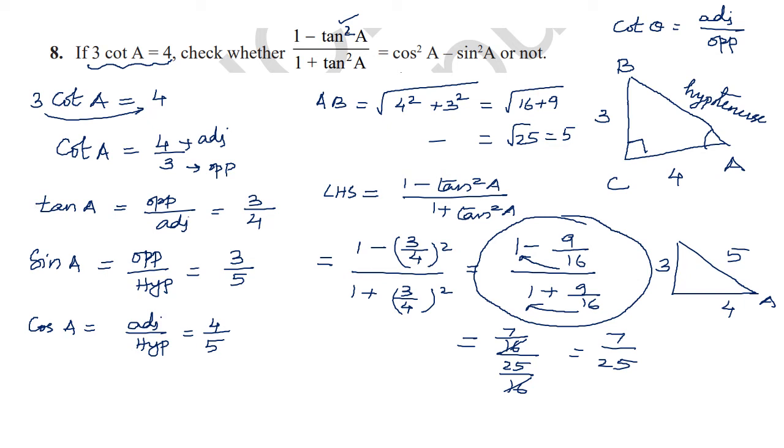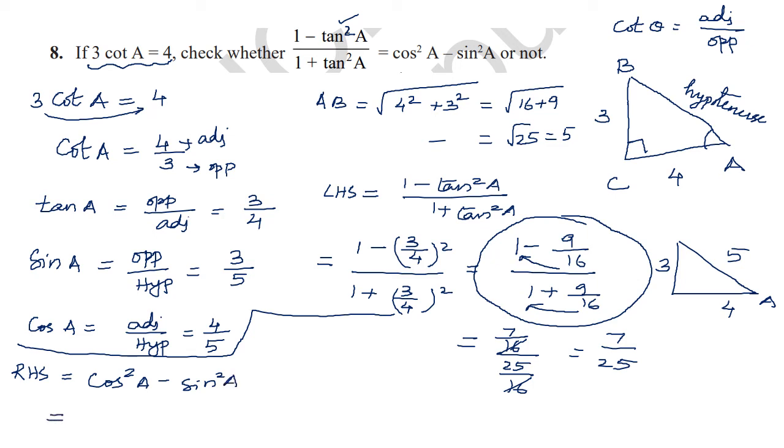Now we have to find the RHS. What is there in the RHS? RHS equal to cos square A minus sin square A. What is cos square A? Cos A is 4 by 5, so 4 by 5 whole square minus 3 by 5 whole square. 4 square is 16 by 25 minus 9 by 25.